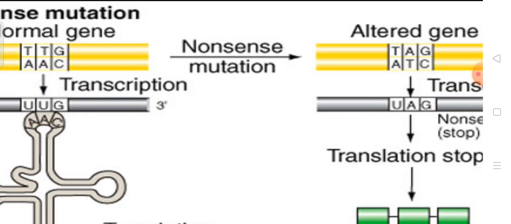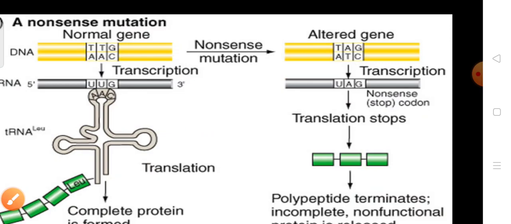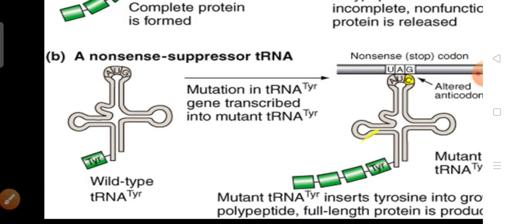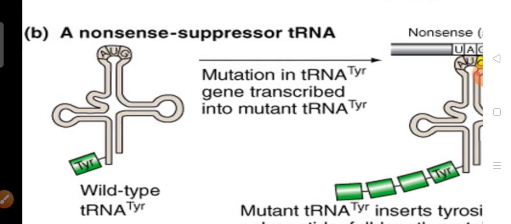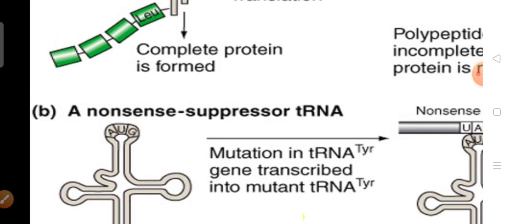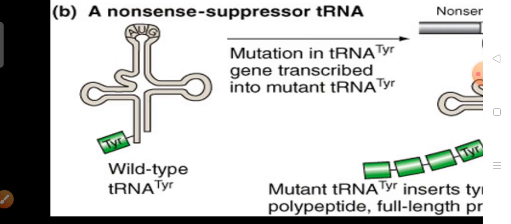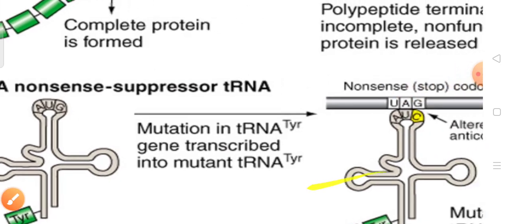Now, how can the deleterious effect of this nonsense mutation be suppressed? So, now a nonsense suppressor tRNA. What is done? Now, this is the wild type tRNA for tyrosine. This is tyrosine tRNA having the anticodon AUG. What is done here during suppression?